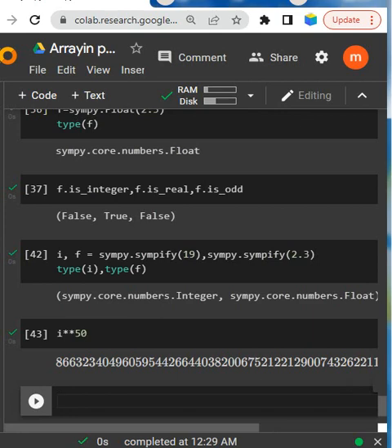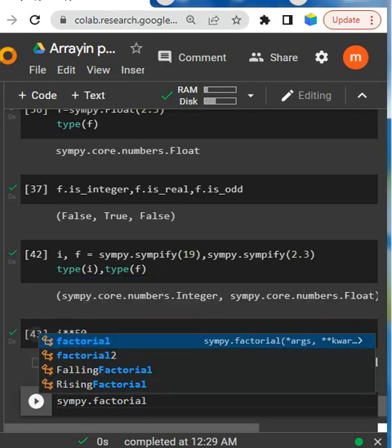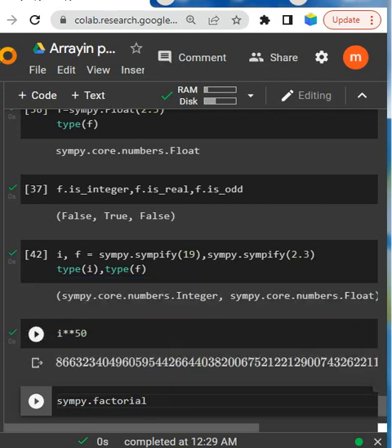Similarly, I am going to use sympy.factorial. So just like 2 factorial, 4 factorial, 5 factorial, 4 factorial means 4 into 3 into 2 into 1. So I need to compute factorial 100.